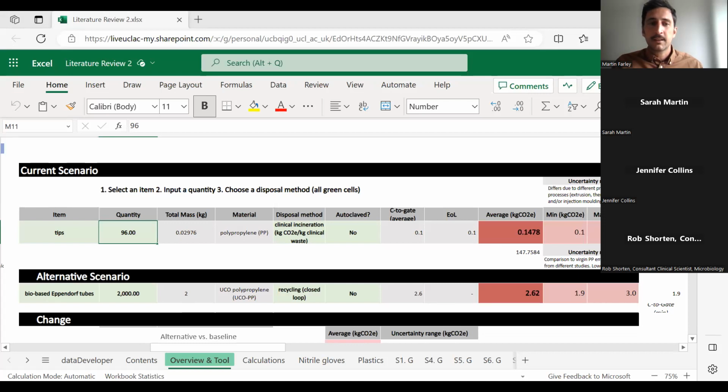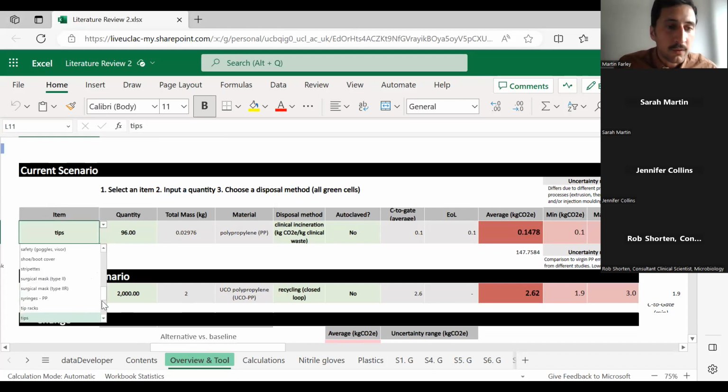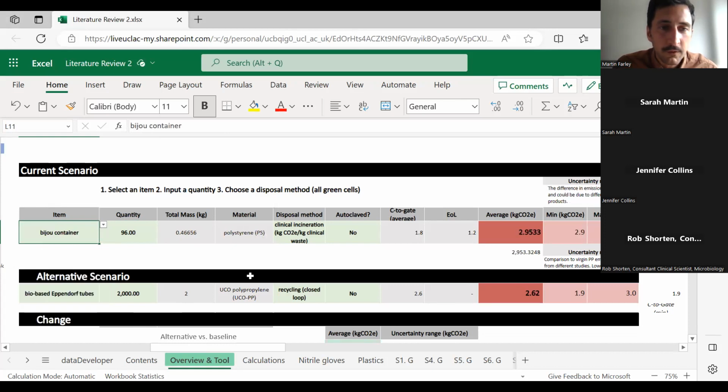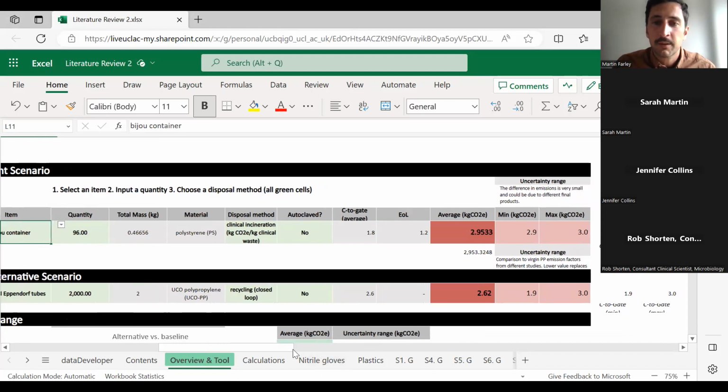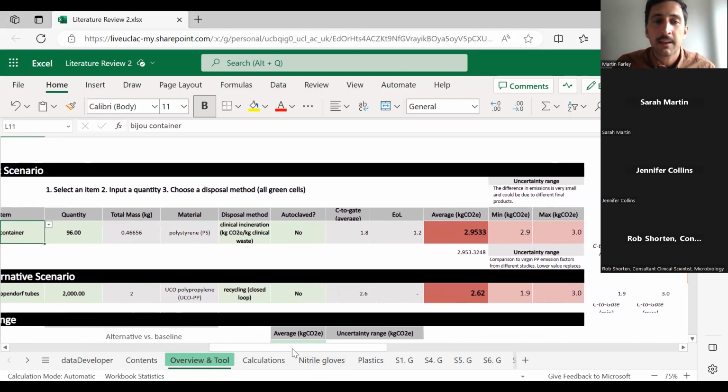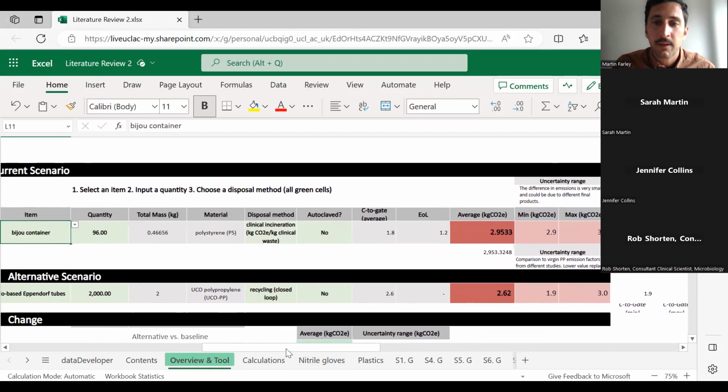And the idea of this calculator, so if you remember in my slides, I was referencing bio-based Eppendorf tubes. And we were talking about scenarios. So for example, if you were to go for, okay, we could go for different items here. These are different items you might find in a lab environment. And you can look at basically the carbon consumption associated with using that and then look at an alternative scenario.